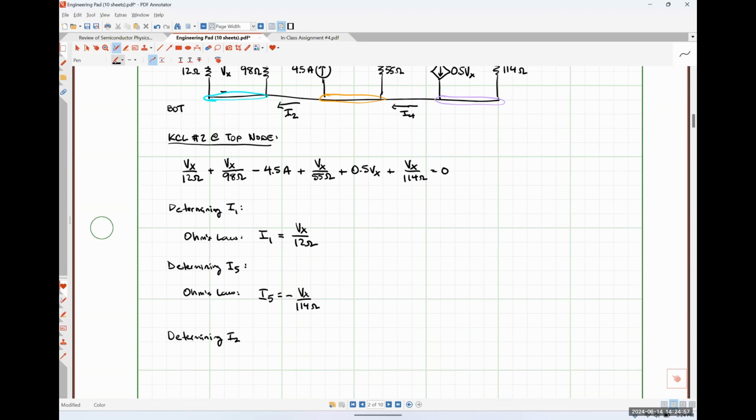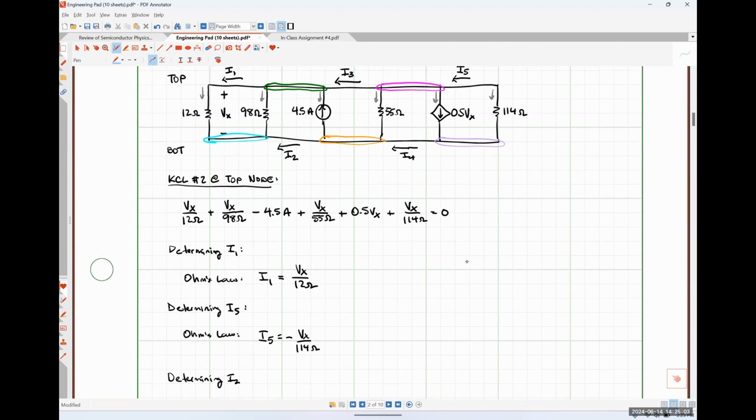I'm going to use a different color here. So what we're going to be doing is effectively applying KCL at that light blue node. We have a current of I2 flowing in, and then we have this current flowing in and this current flowing in, and they all have to add together to be 0.